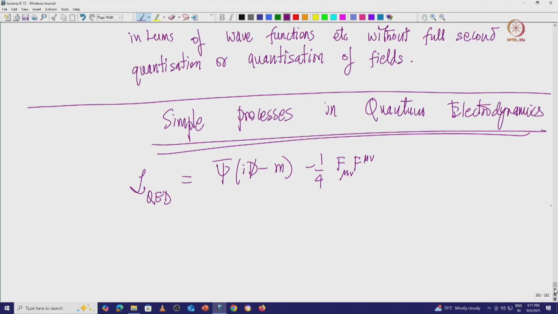Now if you want to learn quantum field theory beyond computation of cross sections, then we read quantum field theory essentially. So now let us look at a simple QED process, which is psi bar. The Lagrangian is given in this particular fashion. QED is a theory of an electron and a photon.